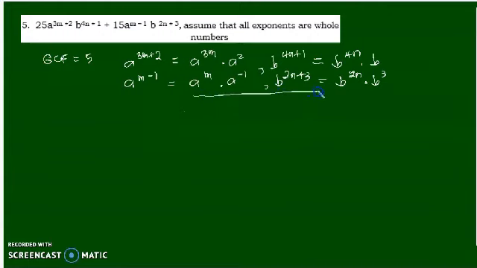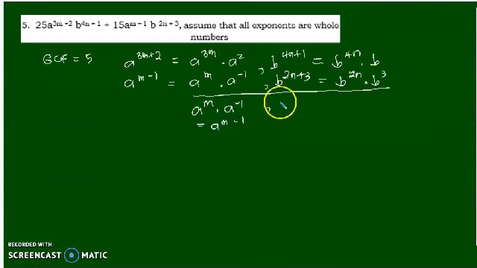So for the GCF of the literal coefficients, in a, get the least exponent. So 3m and m, so a raised to m, and then 2 and negative 1, a raised to negative 1, or that is a raised to the power of m minus 1.